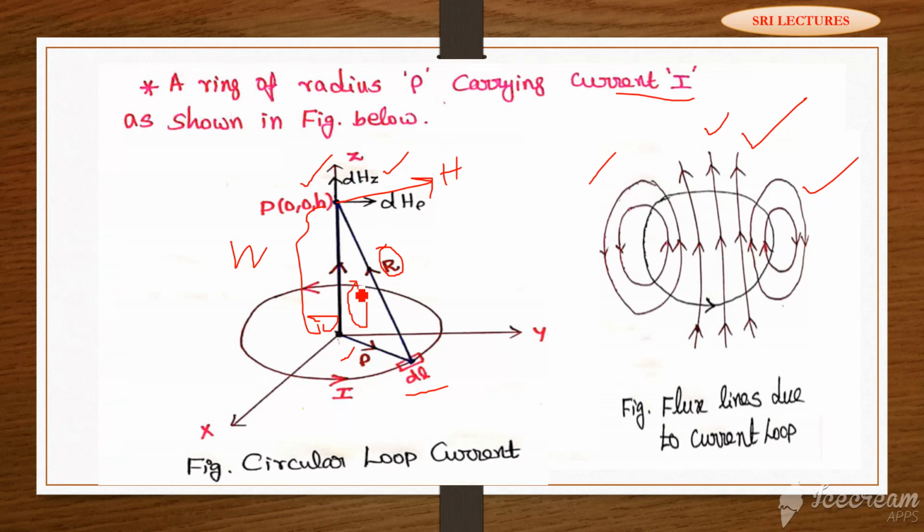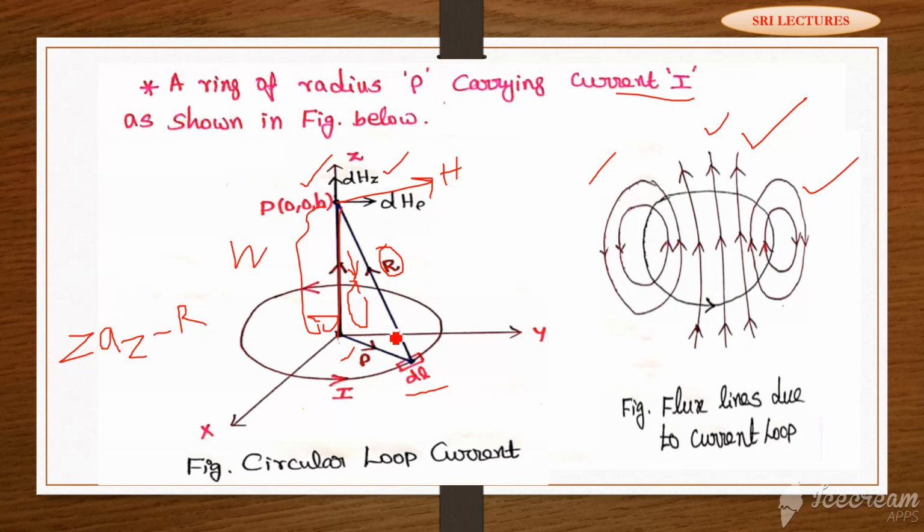Suppose the directions are opposite, we consider it negative. So considering this line, the height is z along a z. Here both are along the same direction, so taken as positive. With respect to rho, the assumed direction is like this, but the r vector direction is opposite to the assumed direction, so for that we need to use minus r.